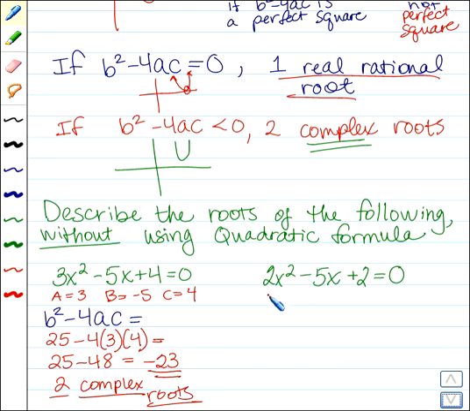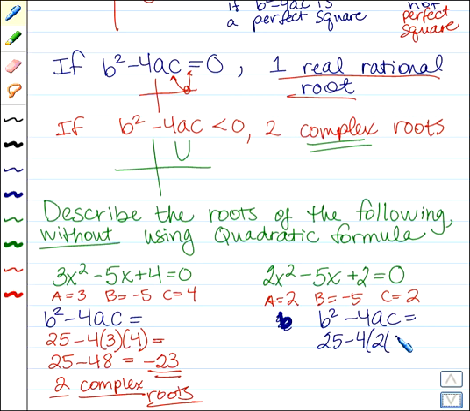Here's our second example. Let's find our a, b, and c again. A is 2, b is negative 5, c is 2. And let's plug them into b squared minus 4ac. So we're going to plug in b is negative 5, so we get 25 minus 4 times 2 times 2.